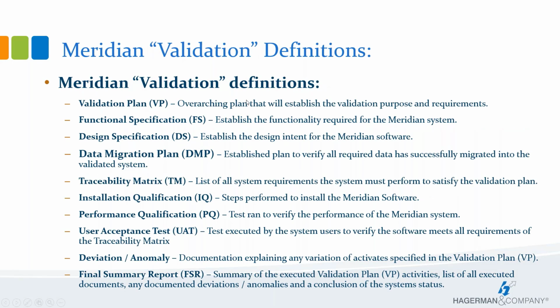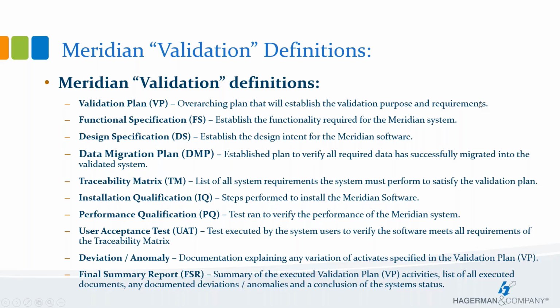All right, so next I wanted to go through some key terminology and abbreviations that are used in Meridian validation environments. I'm just going to go through one by one and touch on them, and then at the end, if you have questions about each one, we can talk about it here. So first is a validation plan, or the acronym is VP. This is the overarching plan that will establish the validation purpose and requirements.